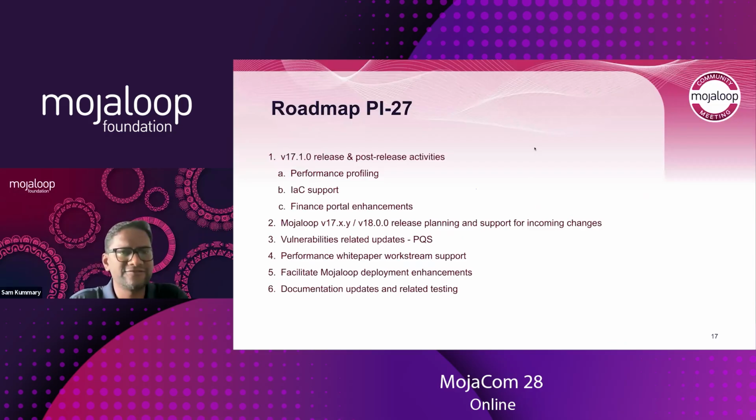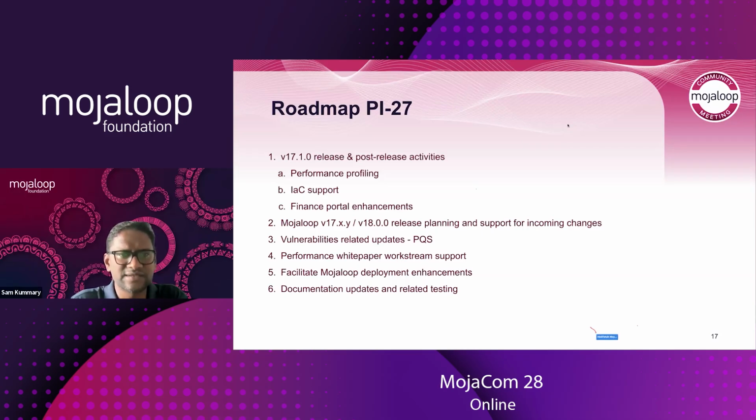Quickly looking at what we have for PI 27, Mojaloop version 17.10, which is in decent shape right now. We'll follow with the post-release activities to ensure we deploy it, we deploy our sandboxes around that, the performance profile using this latest release and have ISC support for that, and also work on finance portal related enhancements for that.